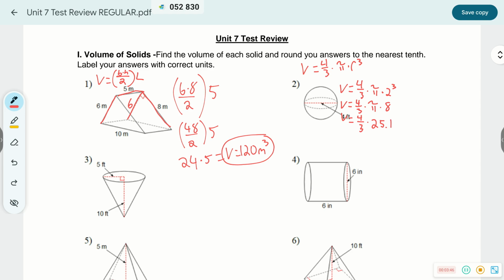And then you just multiply that by 4/3, that's times 4 divided by 3, which gives us 33.5. 33.5 feet cubed. That is the volume of the sphere.